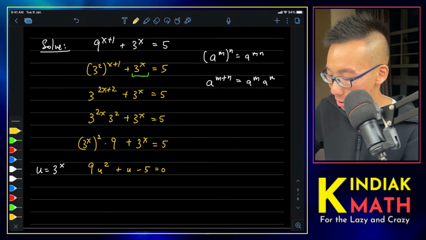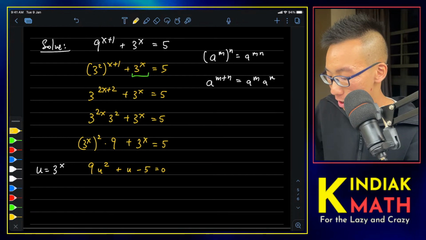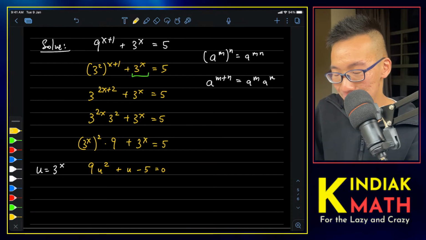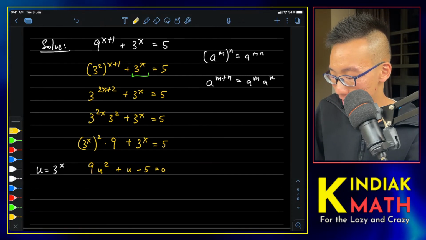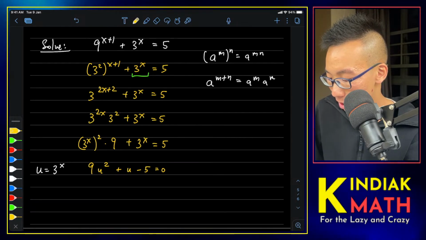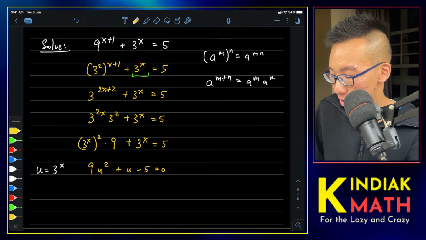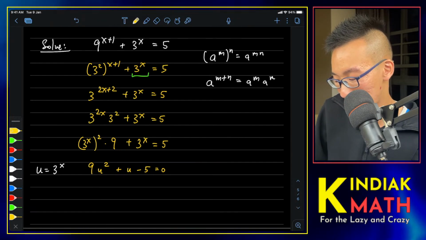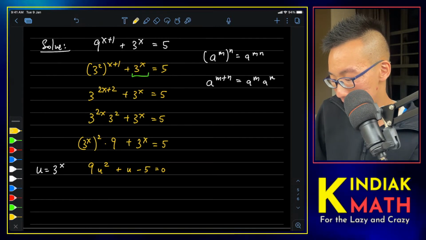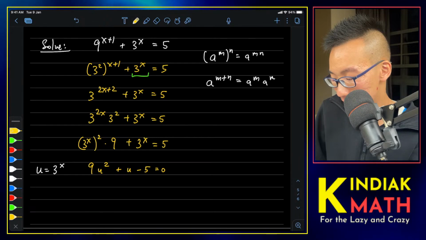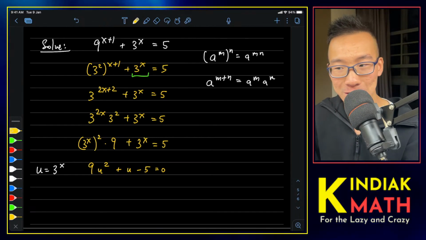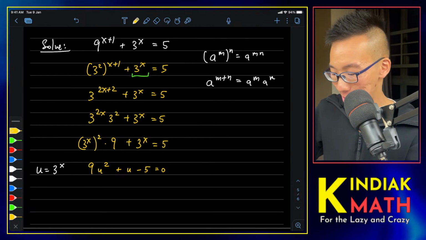So let's solve the quadratic equation, and I want to try to solve this without using any kind of quadratic formula, but I don't think I can. I don't think you can solve this without the quadratic formula.